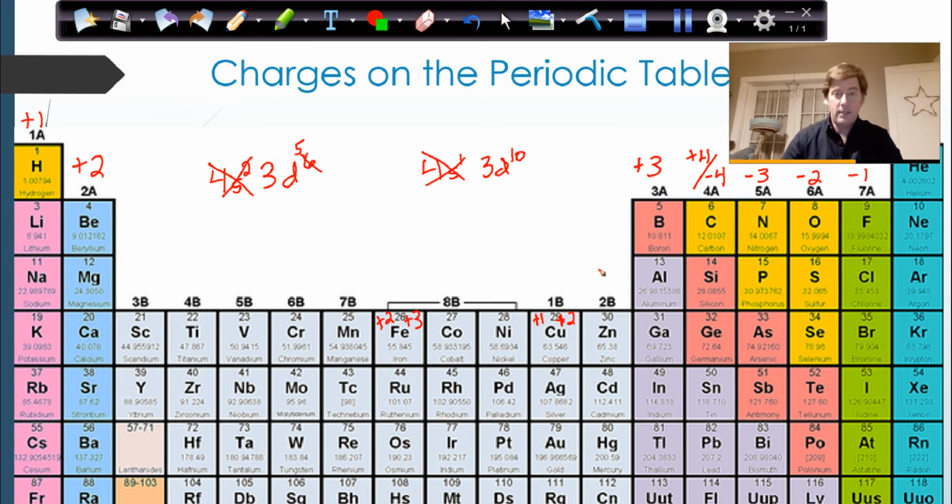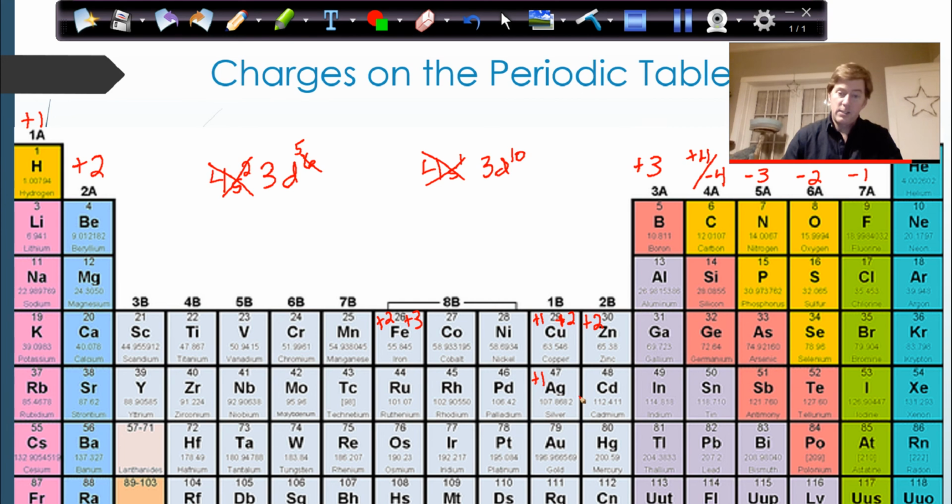Now zinc has one more proton than copper, so it's got a little bit better hold, and it has that filled D subshell, which is very stable. So zinc just loses those 2 out of the S subshell. As we go down to silver, we know silver ends with the D9, so it's going to borrow from the 5S over here and be 5S1 and get a positive 1 charge.